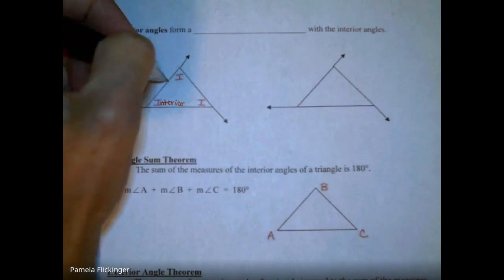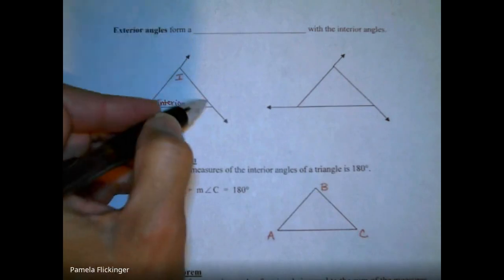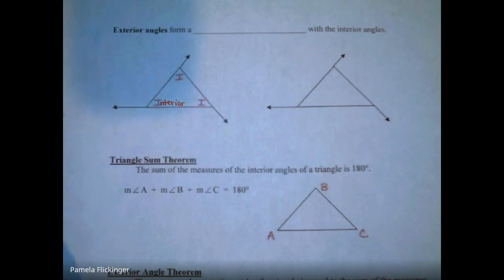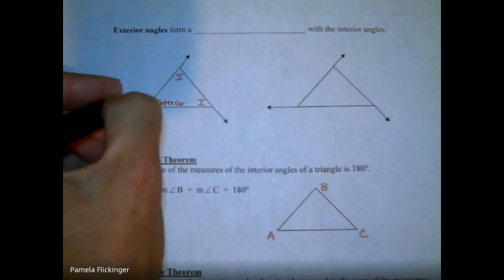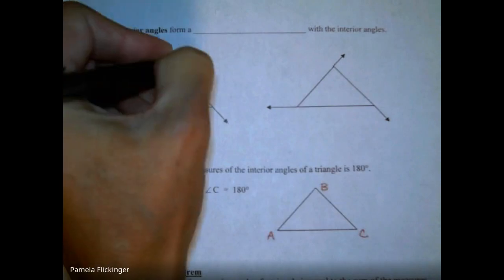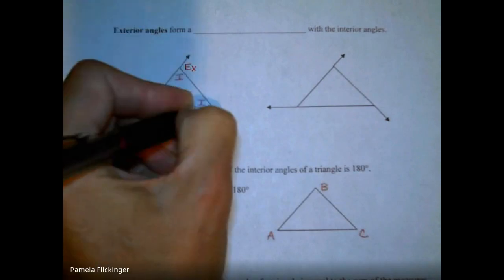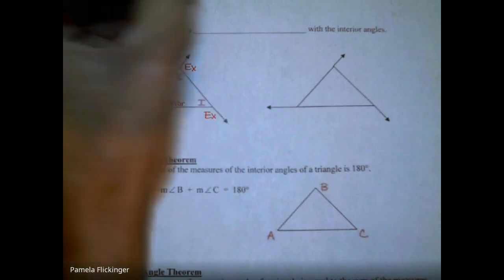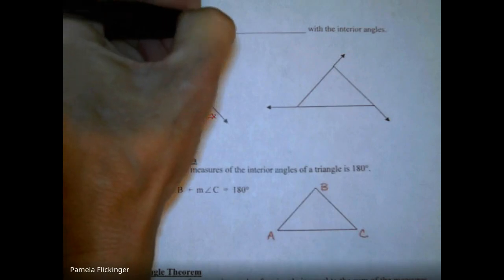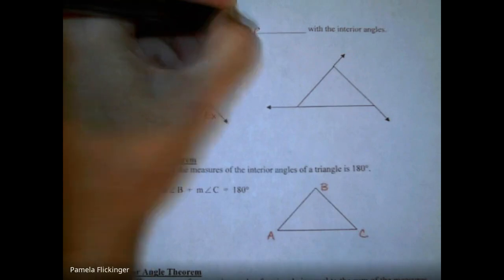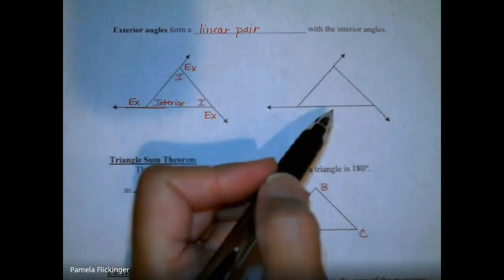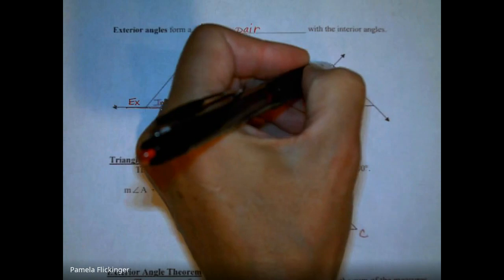If we extend just one of the sides going out, our exterior angles will be created on the outside of our triangle. Hopefully what you notice is that your exterior angle always forms a linear pair with the interior angle. All right, so over here, I'm going to extend it both ways.